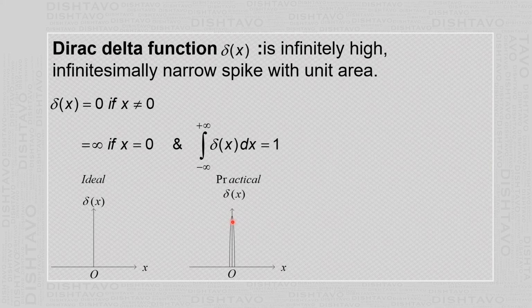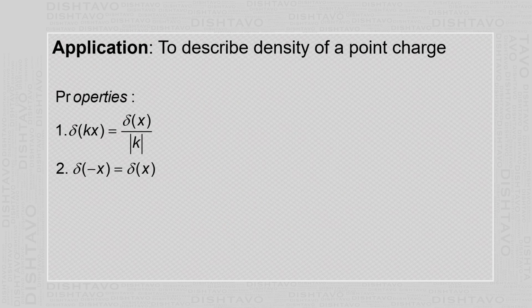But outside that, delta x has no value, that is delta x is 0. And if you find the area of this graph, the area which is enclosed within this region, it is equal to 1. And this is the Dirac delta function.